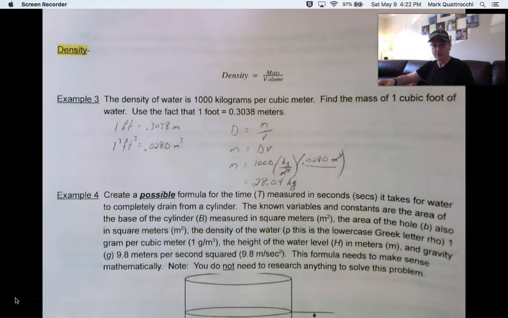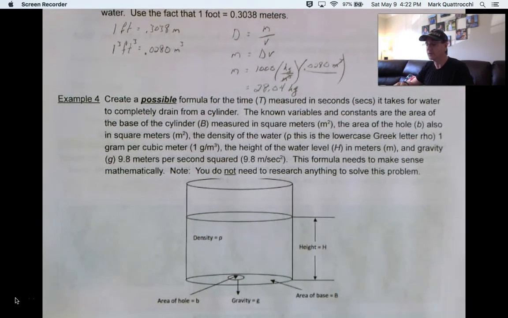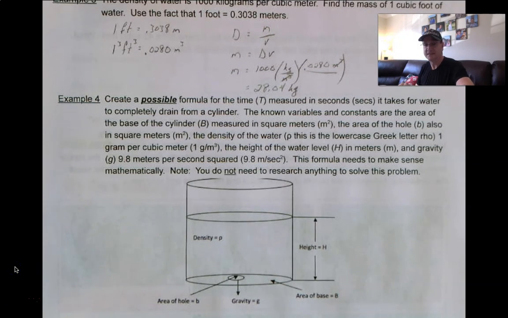This problem is tricky. I used to give this as a challenge problem for students to work on over a long period of time, but here I just want to show it to you as an example. You're not going to be able to find the answer without doing some research or knowing some calculus, but that's not what I'm looking for.